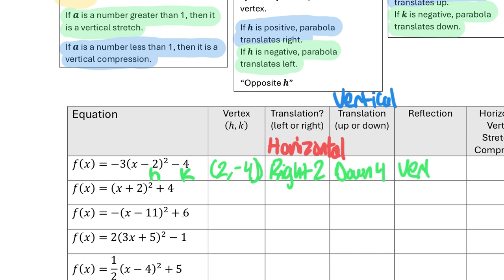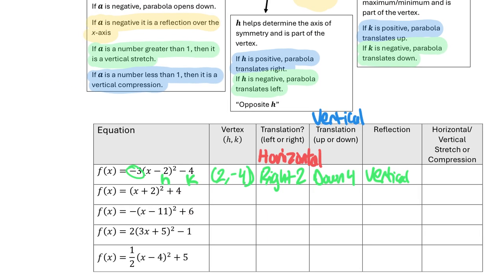It's vertical because A is negative 3 right there. And then since A is 3, the negative just worries about the reflection. So that's negative A. But here, A is 3. So that's going to be a vertical stretch. It's always going to be vertical. That's all we're doing. So vertical stretch. Okay.